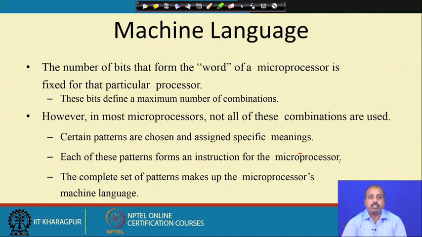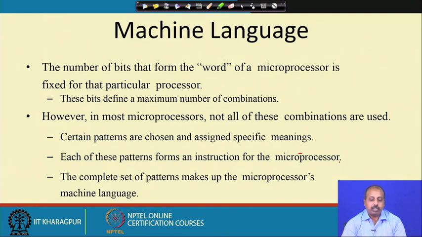So, the processor can use at most 256 different meanings of the word that is fetched from the memory, so I can have 256 different instructions for this processor. If a processor has a 16 bit word, then I have more flexibility in the instruction set design, where there can be 2 power 16 or 64k different types of instructions.